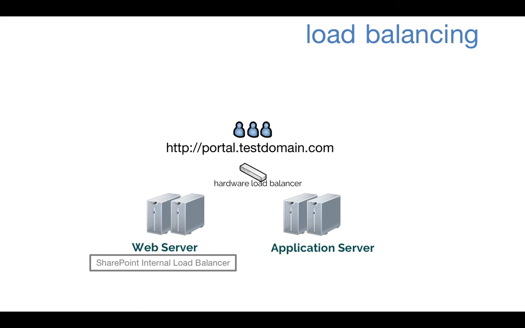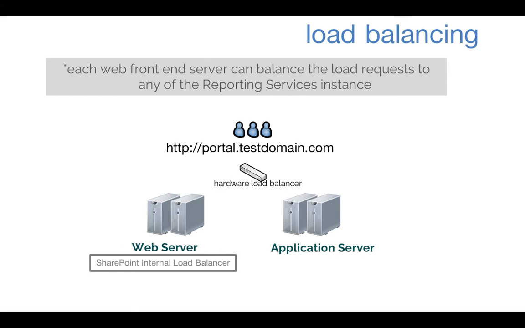So when a user comes in, SharePoint then redirects the traffic to any of the reporting services instances, which means you can start off with just one reporting services instance in the farm. As your workload grows, you can start adding more reporting services instances to the farm and let SharePoint manage that load balancing, and reporting services is just going to rely on SharePoint doing that.